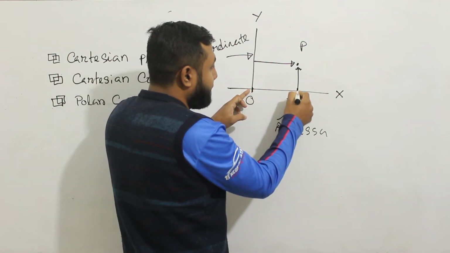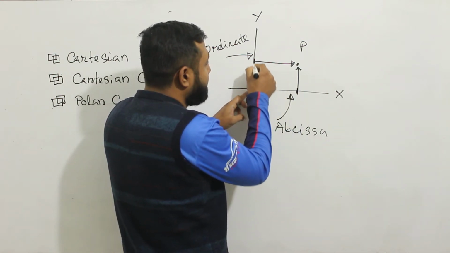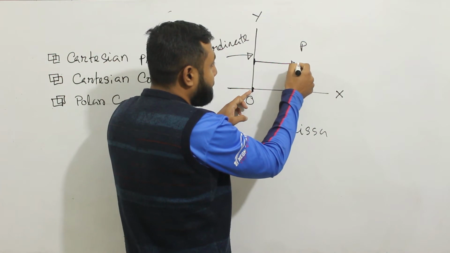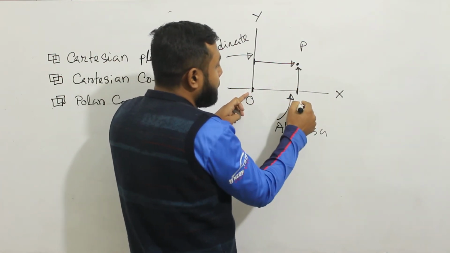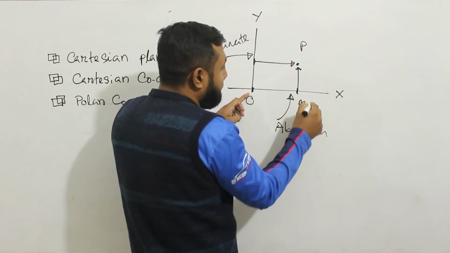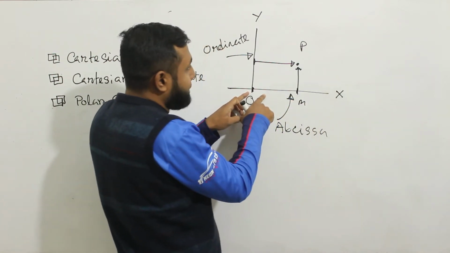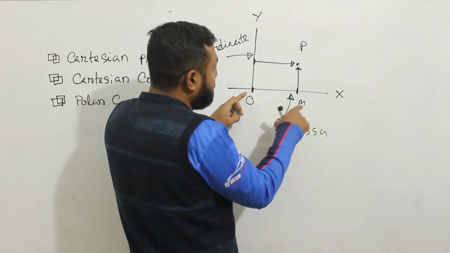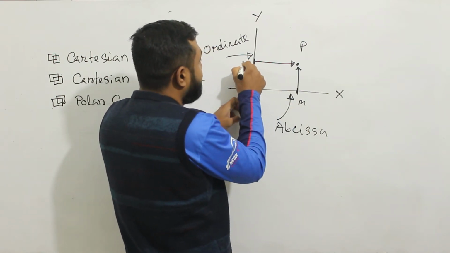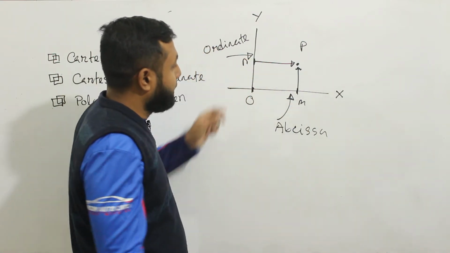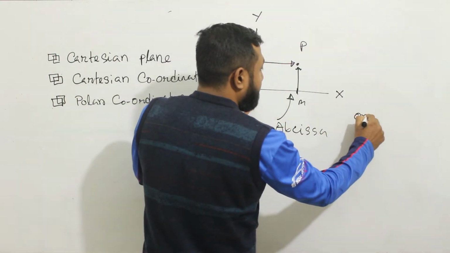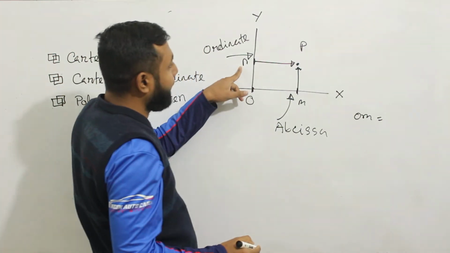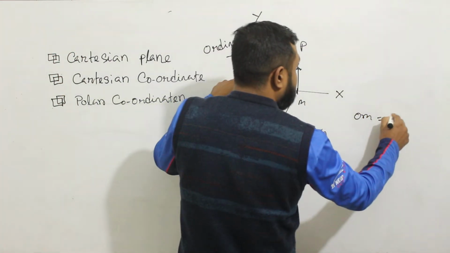So, we can measure the same distance for P as from O to M. If we put another notation N here, then OM is equal to NP.